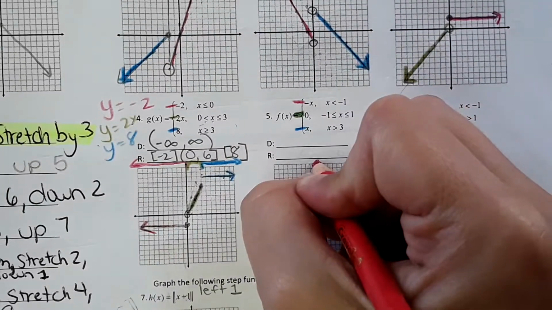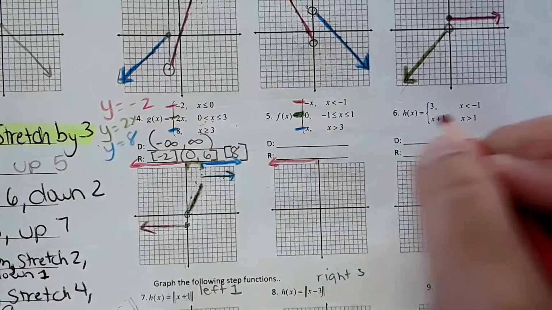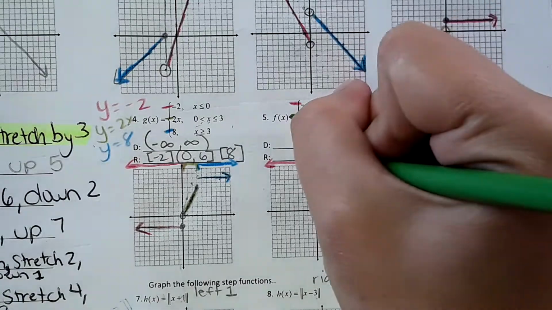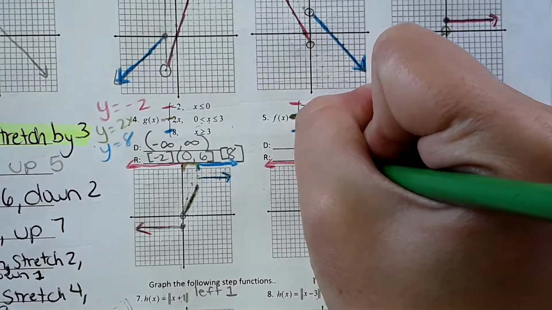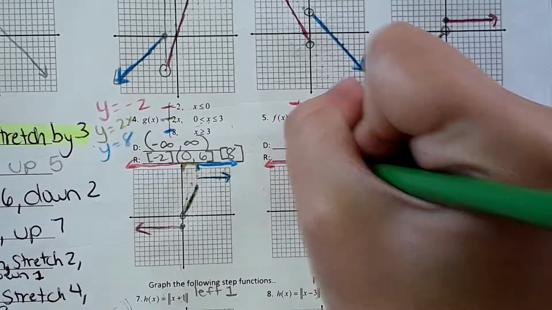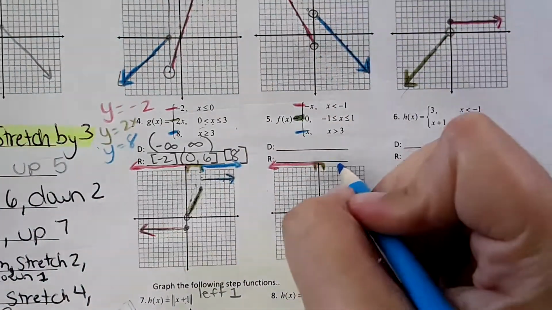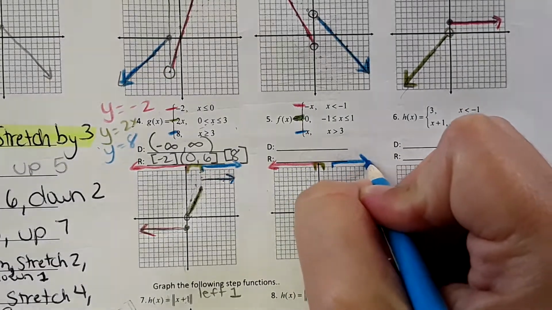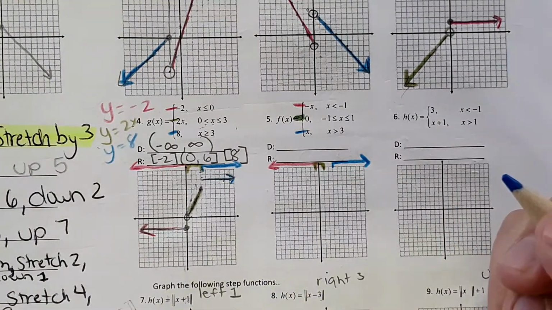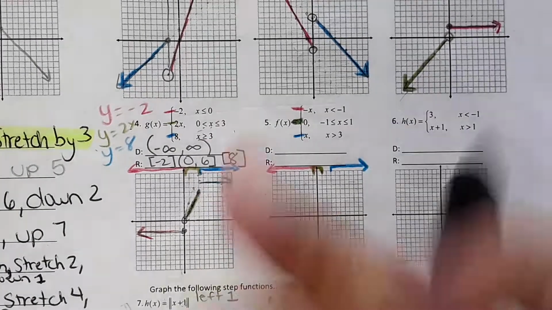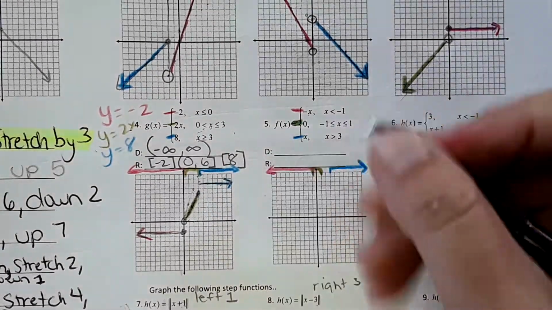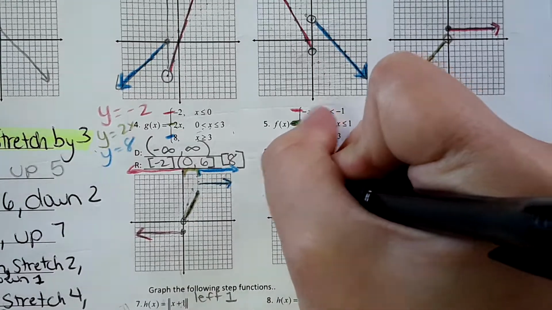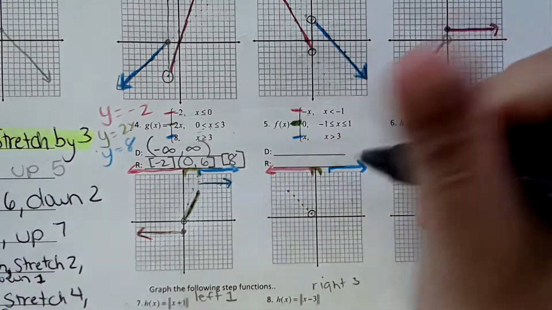X is less than -1. It's -1? Yeah, then -1 to +1 for green, and then blue is 3 and greater. Okay. Then we have here y equals -x, so that'll be this way. Open dot.